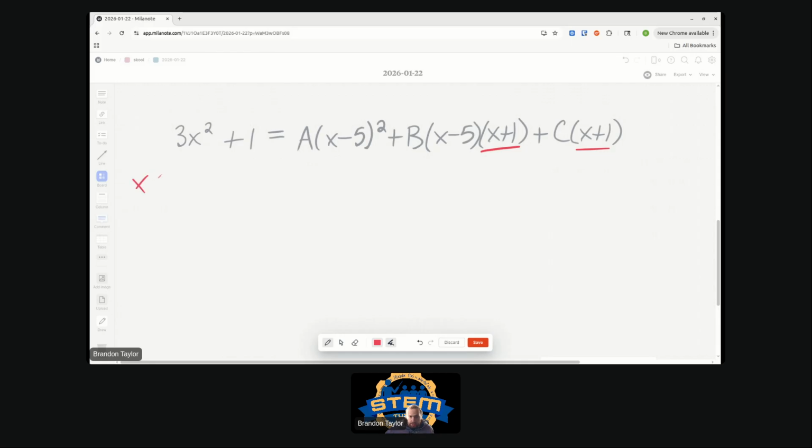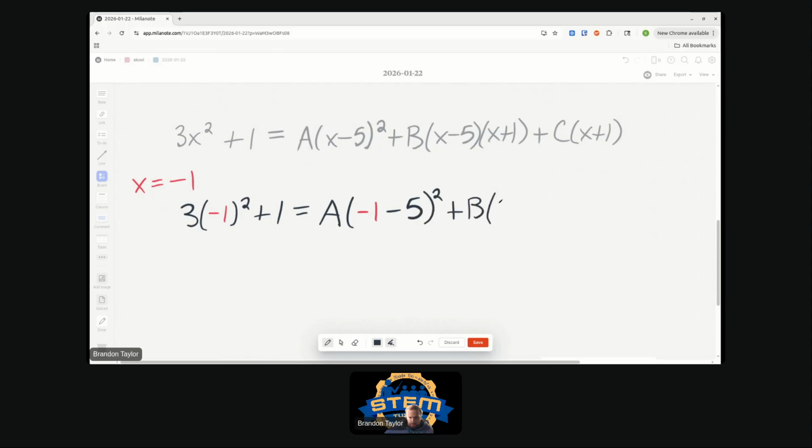So if I choose an x value that would make that 0, like -1, for example, that would cleverly cancel out B and C. So if I do that, let's see what happens. I get 3 times (-1 squared plus 1) equals A times (-1 minus 5) squared plus B times (-1 minus 5)(-1 plus 1) plus C times (-1 plus 1).